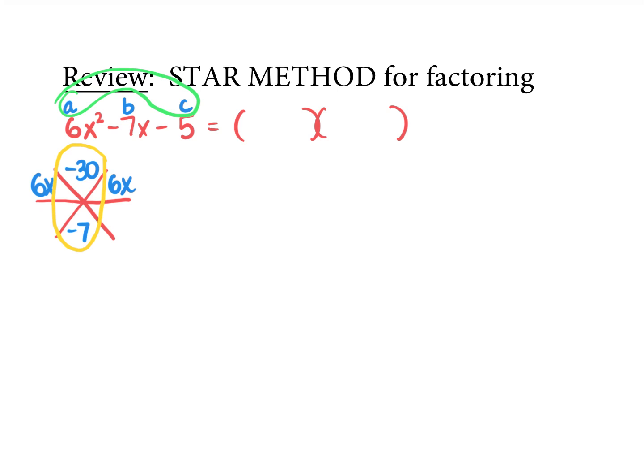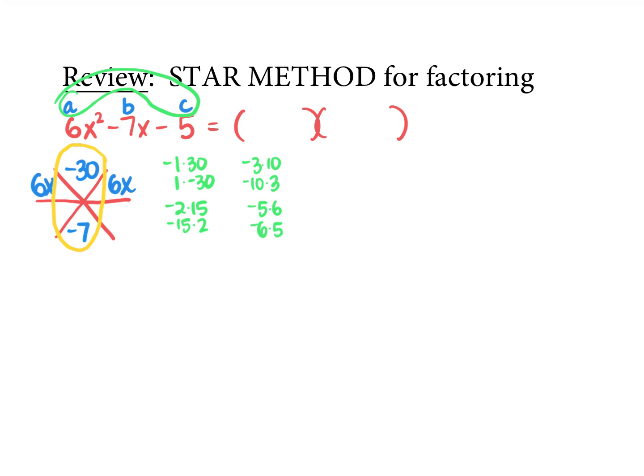So you go through all the ways you can think of to make -30. Could it be -1 and +30, or +1 and -30? Could that be it? Could it be -2 and 15, or could it be -15 and 2? Could it be -3 and 10, or could it be -10 and 3? Could it be -5 and 6, or could it be -6 and 5?